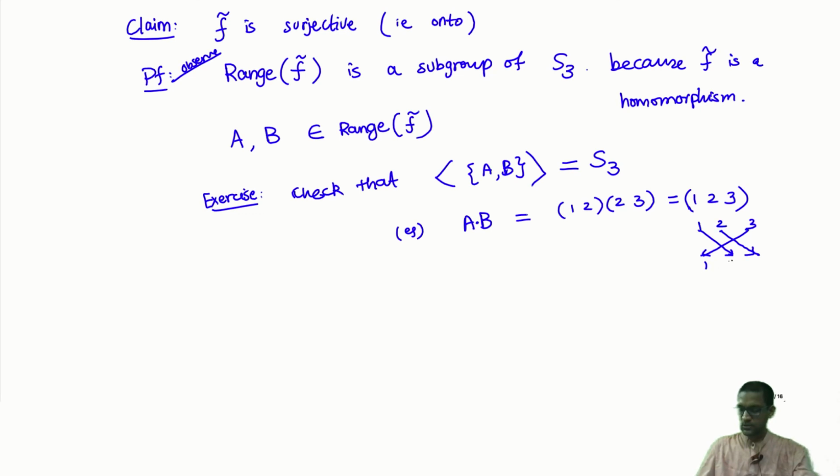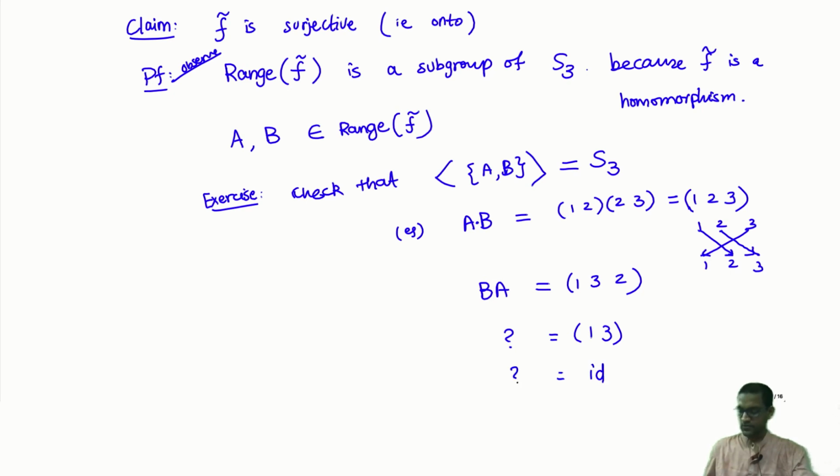So it's this cycle. Similarly, if you look at BA, then you will get (1 3 2), and you have to see what you will do to get the other elements. So here's a little exercise: what products of A's and B's will give you the element (1 3) of S3? Similarly, how will you get the identity?